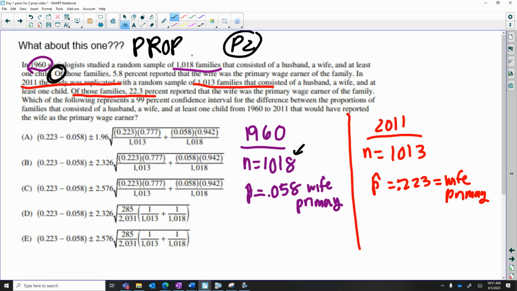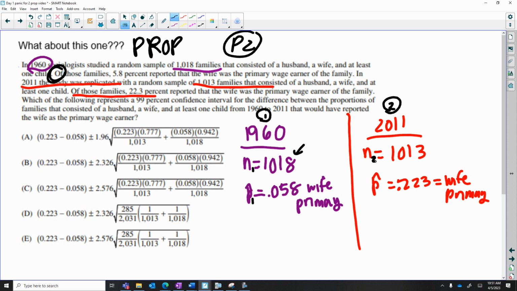In 1960, the p hat was 0.058, or 5.8%, had the wife as the primary income earner. So this is N1, sample 1, 1960, and this is p hat 1. Then in 2011, they repeated the study and had a second sample of 1013.